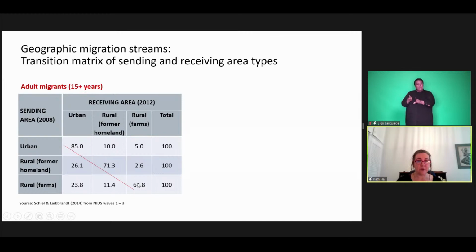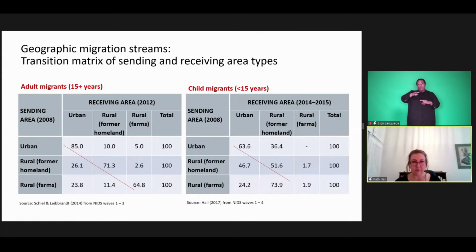So you can see here the sort of modal direction is urban to urban, rural, former homeland to former homeland, farms, the previous white rural areas of white rural South Africa under apartheid, although those numbers of course are very small, as Martin said.